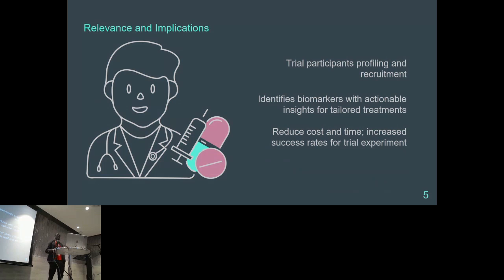And then, of course, in doing that, we reduce the amount of time and the cost in trial processes or any experiments for that matter by narrowing down the number of potential genes that you need to evaluate to understand your disease state or your goal of interest.